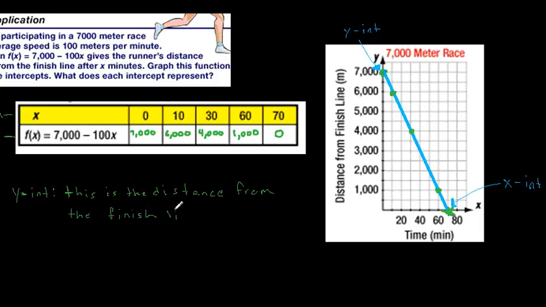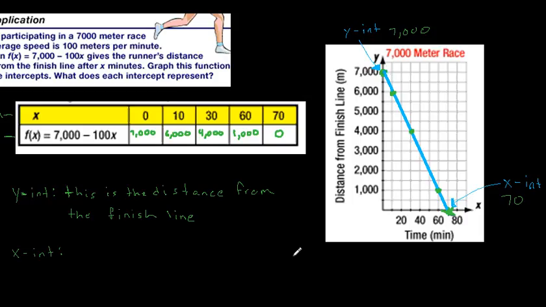And then the x-intercept, let's see what that is. The x-intercept here is 70, and the y was 7,000. If you think about it, this is the time it took for the woman to have 0 distance in front of her to finish the race. That's a weird way to say this is how long it takes. It took her 70 minutes to finish the race.